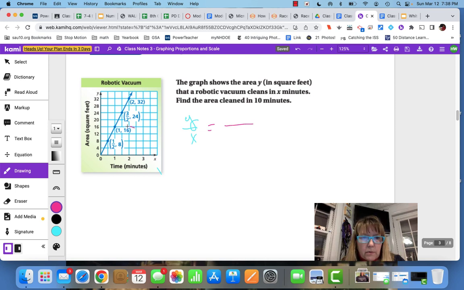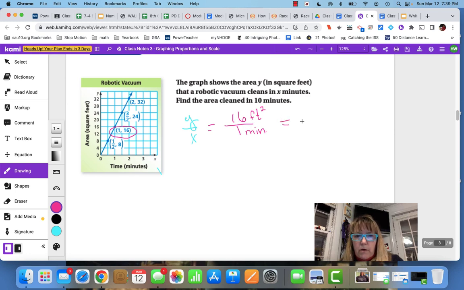Let's take this one. And that y is 16. So 16 square feet per 1 minute. Oh, look, it already is a unit rate. So now we know that we can do 16 square feet in 1 minute.